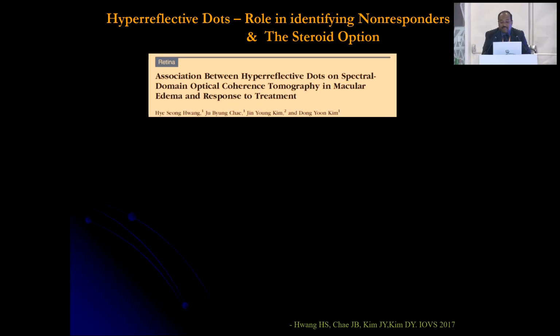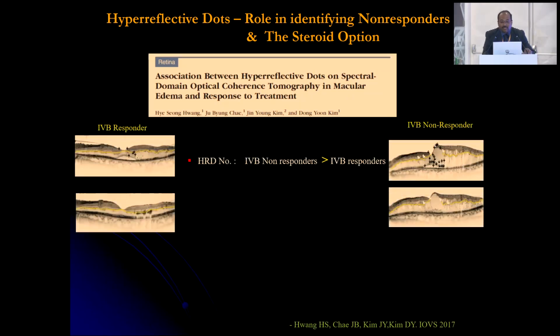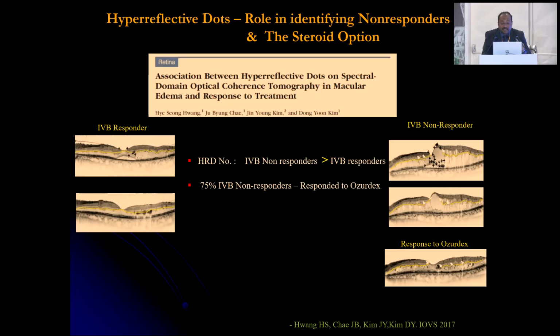Now, this is a very interesting study from Korea. Huang has showed us the role of hyperreflective dots in identifying non-responders and taking that steroid option. So they found that hyperreflective dots were far more in bevacizumab non-responders than bevacizumab responders. And 75%, 3/4 of the bevacizumab non-responders responded to Ozurdex.